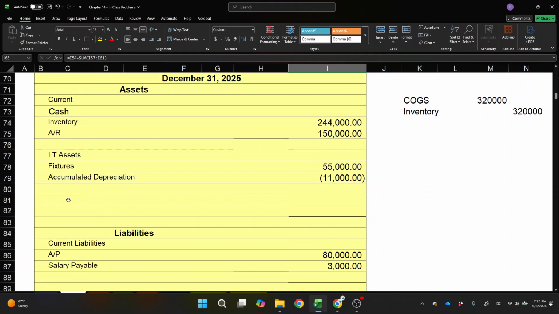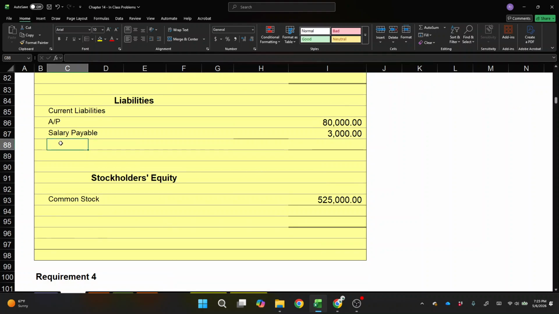Let's see what our total assets are. Well, let's do the liabilities first. So total liabilities is equal to this plus this, so 83,000.